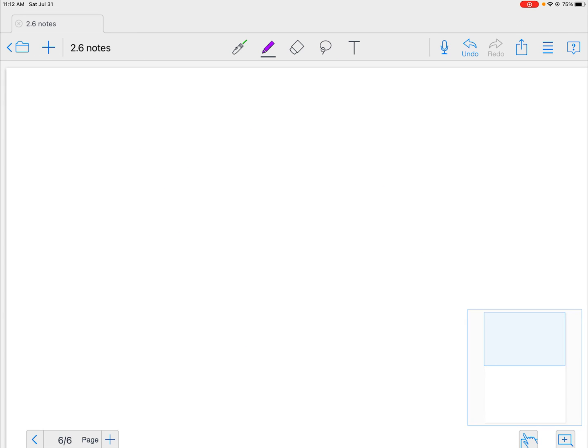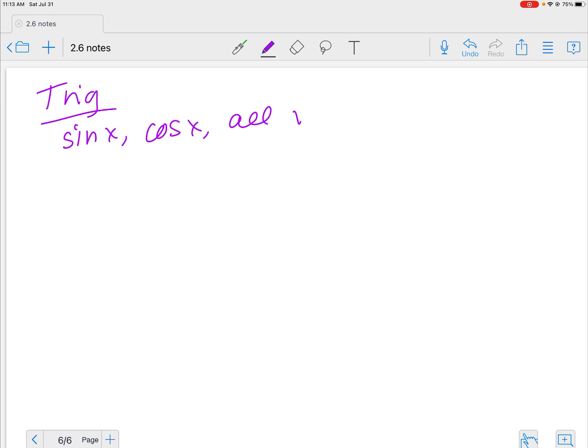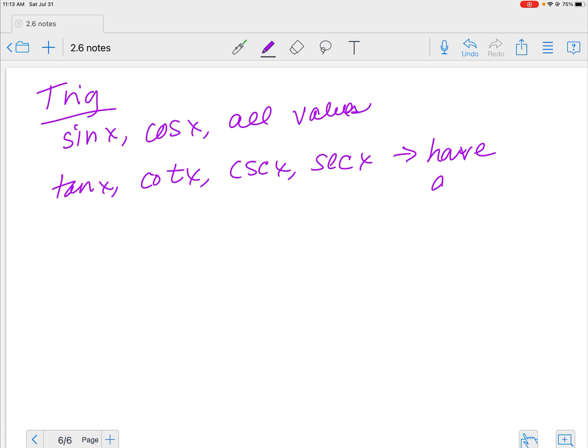What if I have trig functions? Because you know we're going to talk trig, right? What is their domain? What do you already know? You already know for trig that sine and cosine have all values, right? We already know that. When you have tangent, cotangent, cosecant, and secant, they have asymptotes.